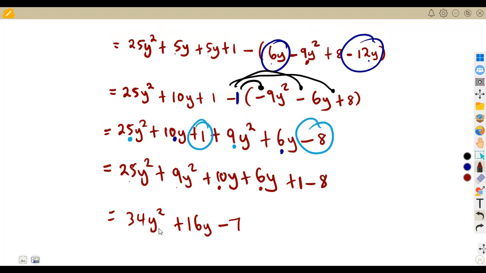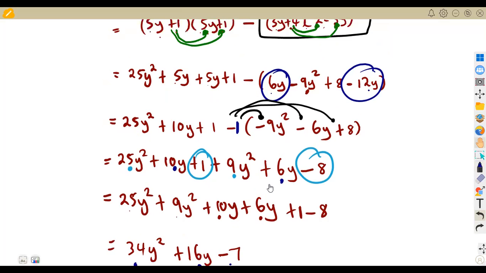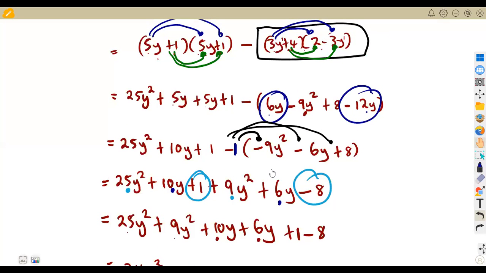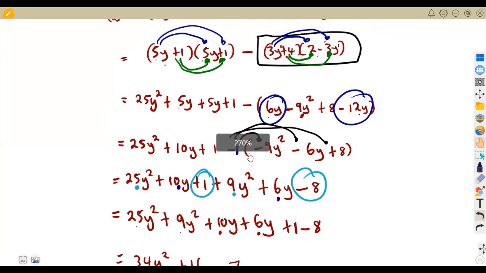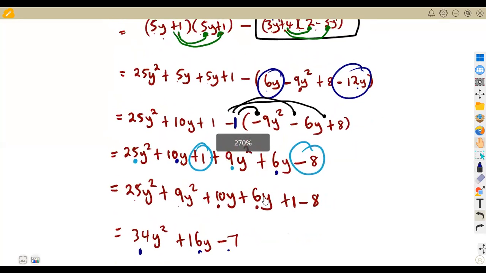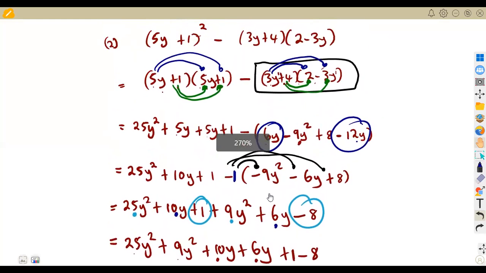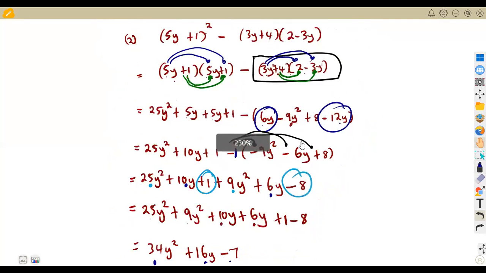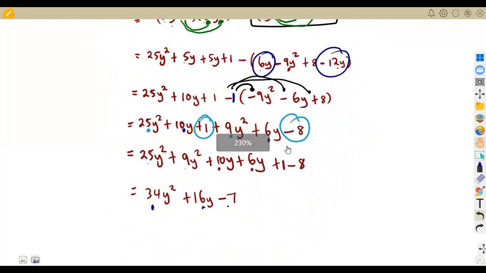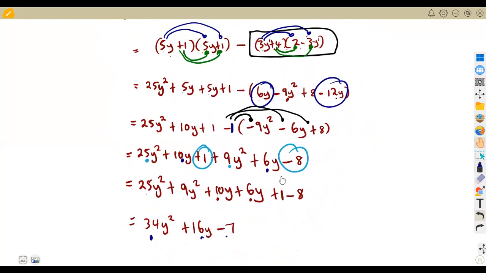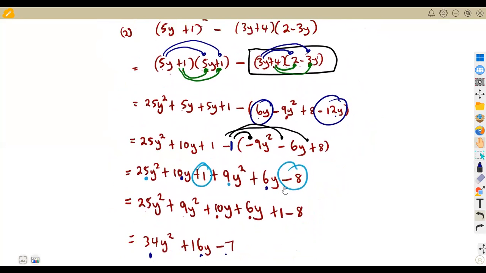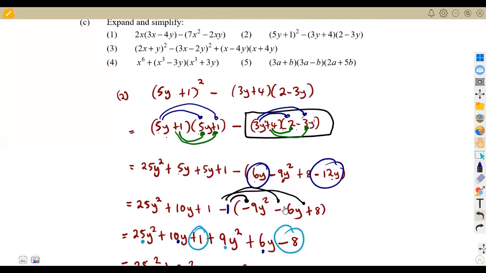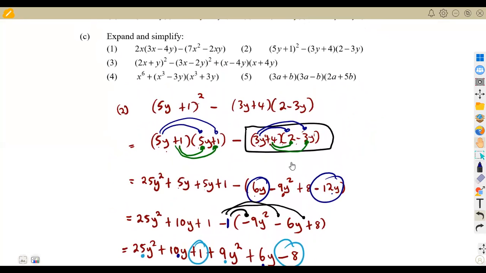As you can see, our answer is a trinomial where we have got 3 terms at the end: 1, 2, 3. So we just have to work with different questions from your question papers and also revise from your textbooks, and see how they ask these typical questions, because you're supposed to know how to simplify for a different question that you're given.